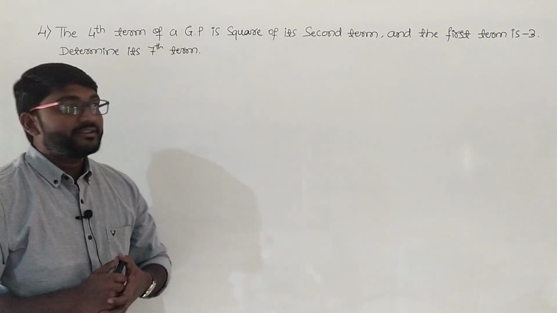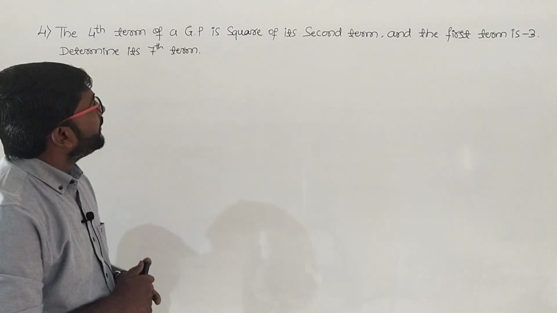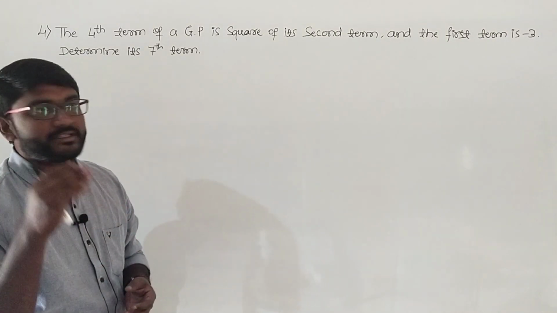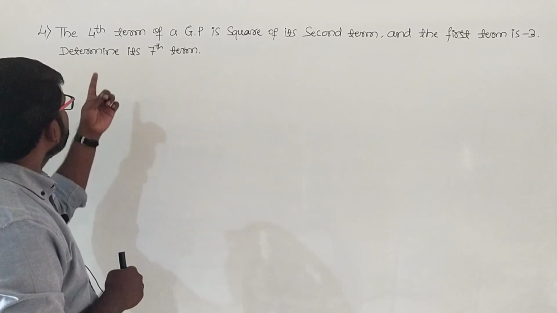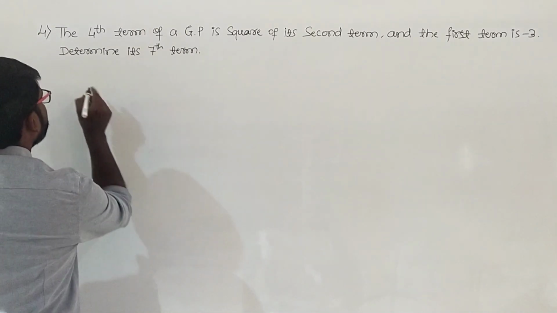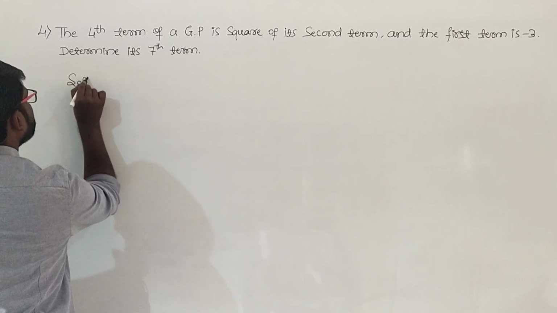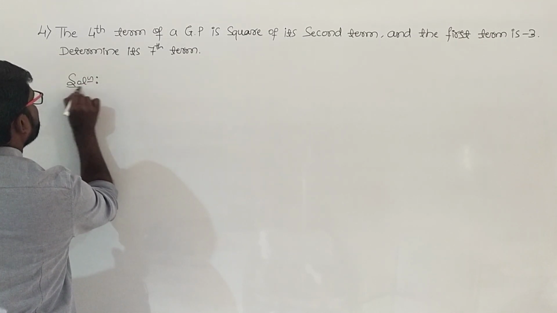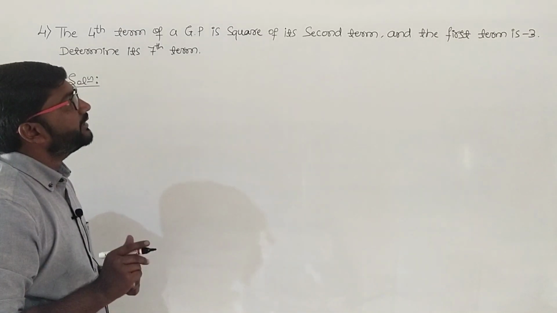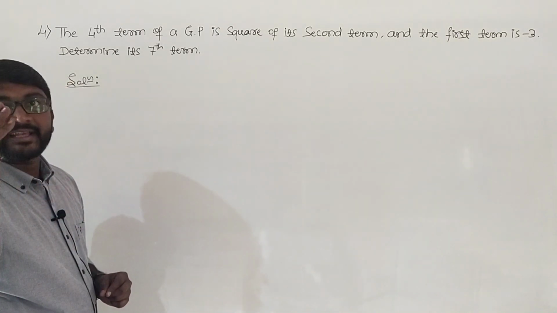Well, the fourth question: the fourth term of a GP is square of its second term and the first term is -3. Determine its seventh term. So let us write the given information. So here he says the fourth term of a GP is square of its second term.